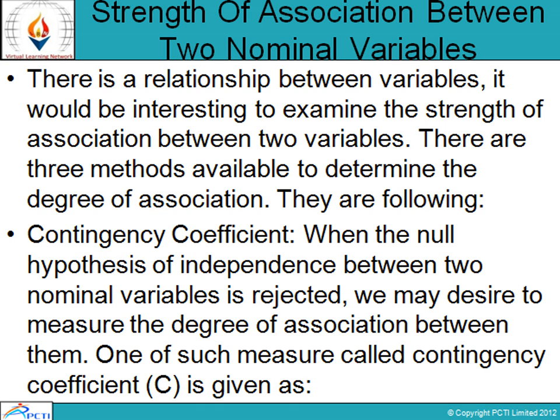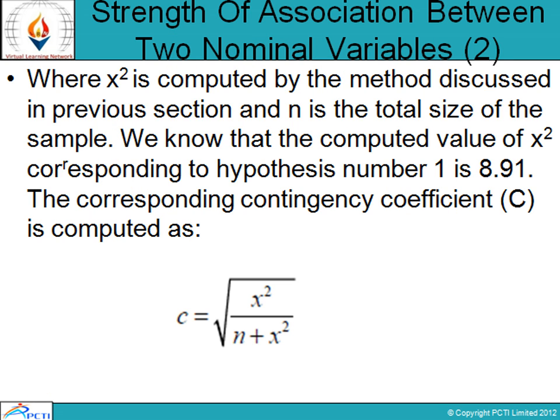One such measure is called the contingency coefficient, and it is denoted by C, which is equal to the square root of x square divided by n plus x square, where x square is computed by the method discussed in the previous section, and n is the total size of the sample.